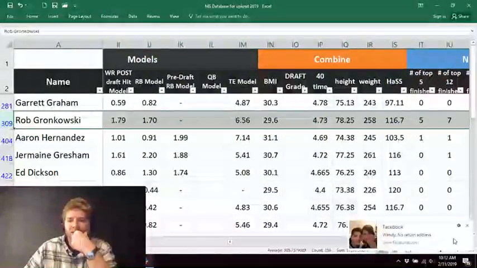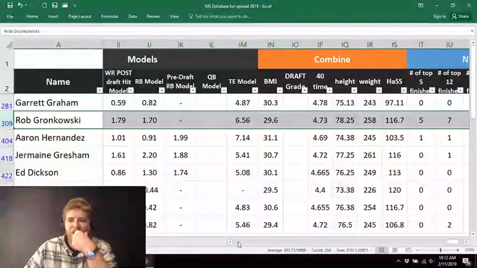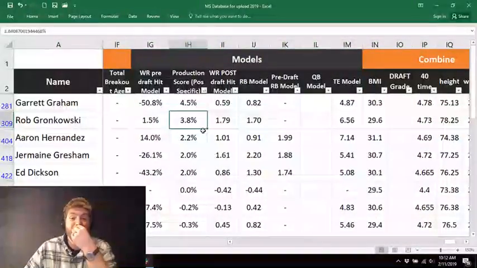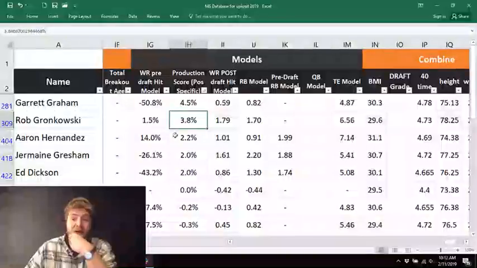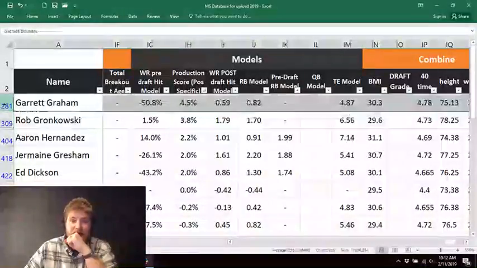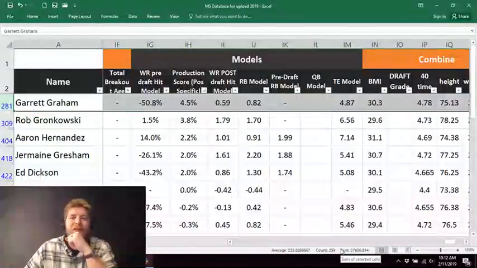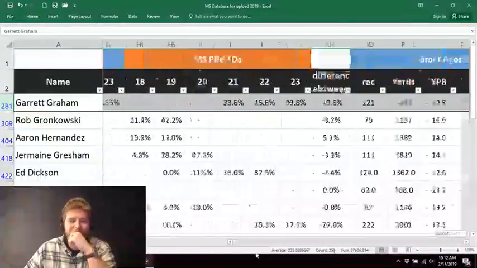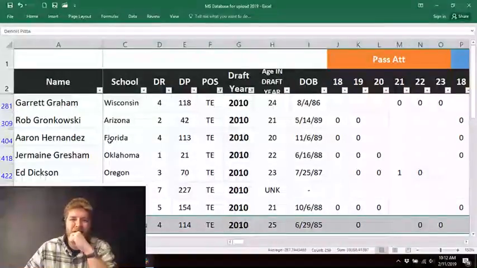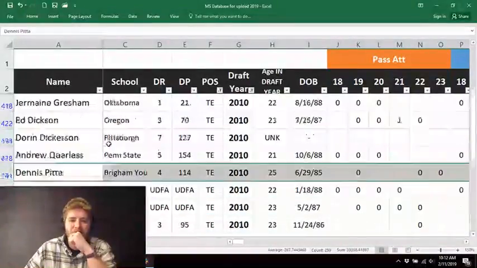Oh, no, that's not the production score. Okay, 3.8% is a really good score based on what I've seen so far. So it was definitely telling us that Rob Gronkowski is good. It was also telling us that Garrett Graham was good, though. So, you know, hits or misses. I'll call that a miss, being this low.